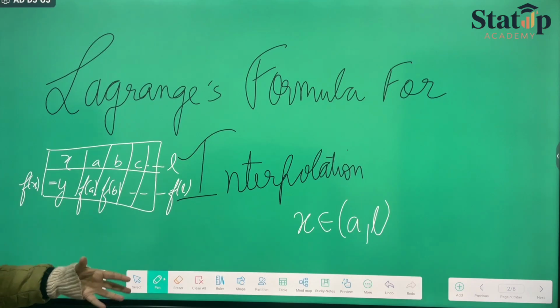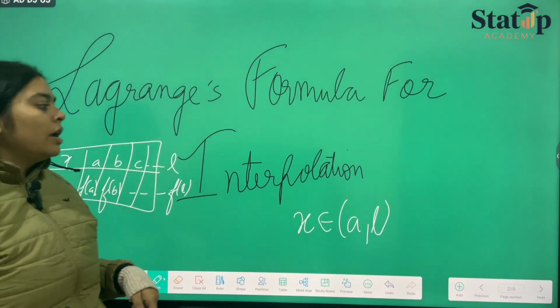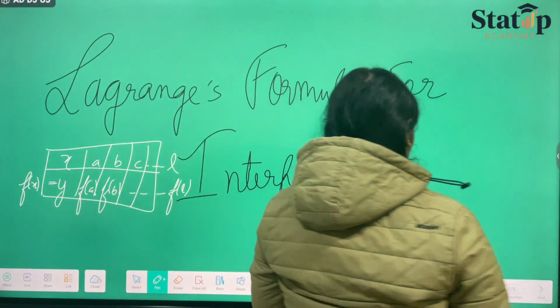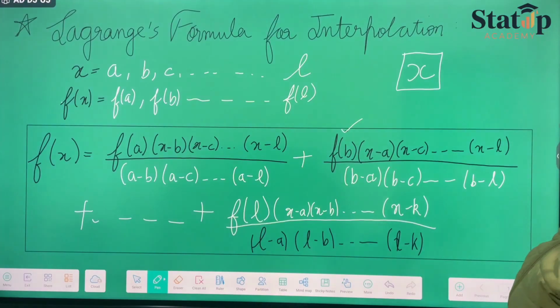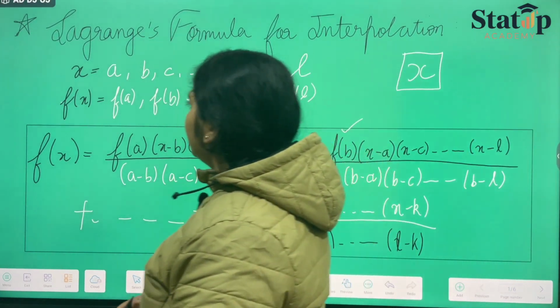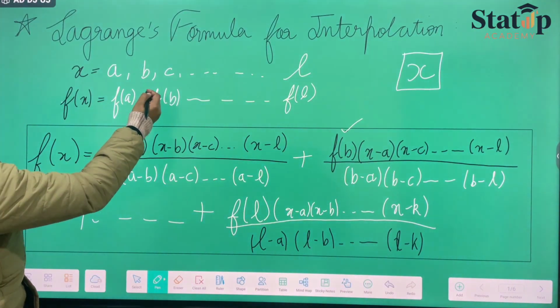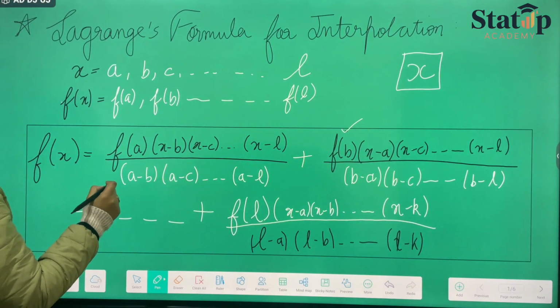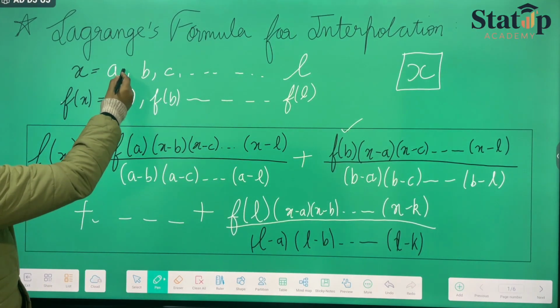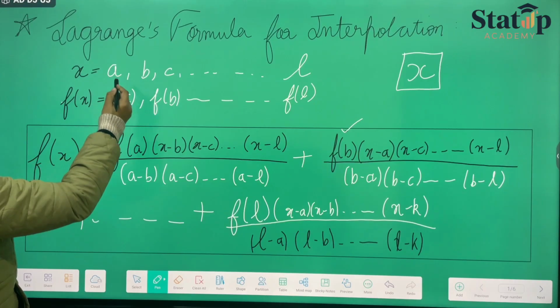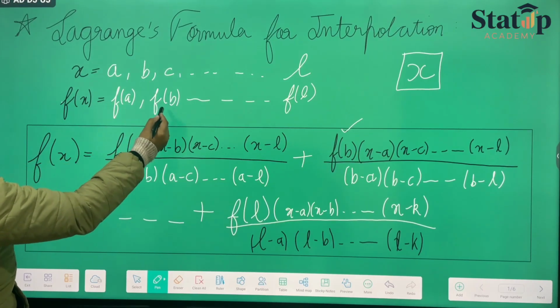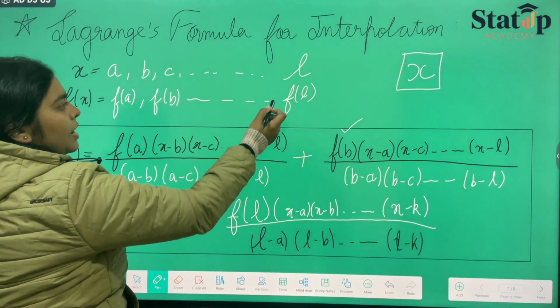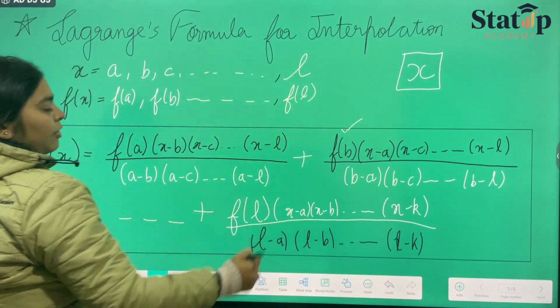Then we can find it by using Lagrange's interpolation formula. Now suppose we have been given the values of x as a, b, c up till l, and the values of f(x) at point a as fa, at point b as fb, at point c as fc, and at point l as fl.